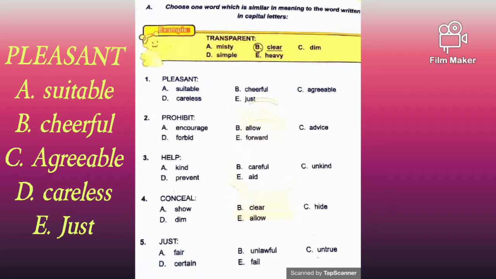Amongst these options, the only word that actually fits the word pleasant is suitable. Now, when something is pleasant, that thing is suitable. Do you understand? It's not careless. Pleasant does not mean the same thing as careless, neither is it cheerful or just, nor agreeable. Suitable is the only word that is nearest in meaning.